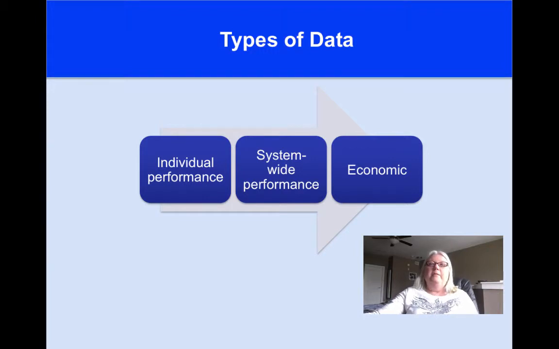So there are 3 types of data. Okay, we have individual performance data, and we can look at things like employee test scores, number of units employees produce, quality, attendance, attitudes, things like that to do with the individual. We can look at the system-wide performance. These are concerns with the business unit, the team, the division.